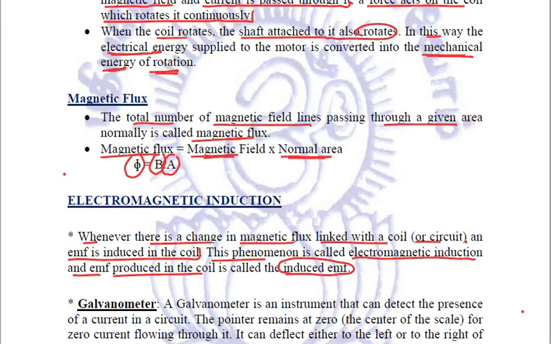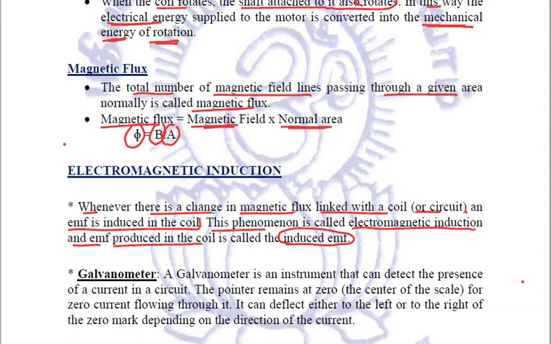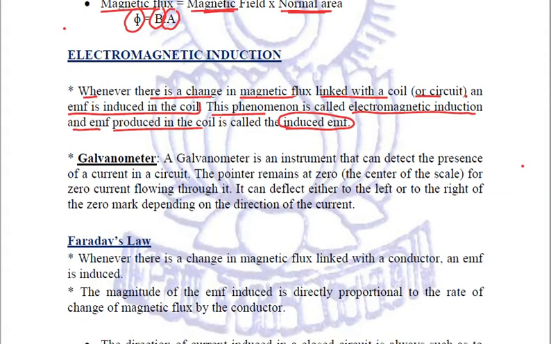We know already about this instrument, galvanometer. Let us try to relate a bit of detail about it. A galvanometer is an instrument that can detect the presence of a current in a circuit.